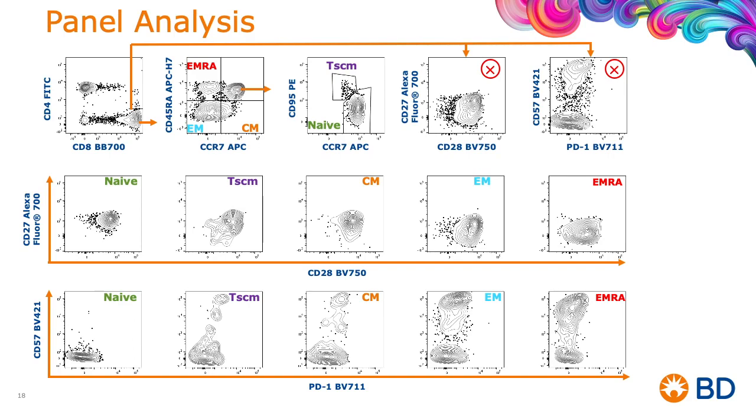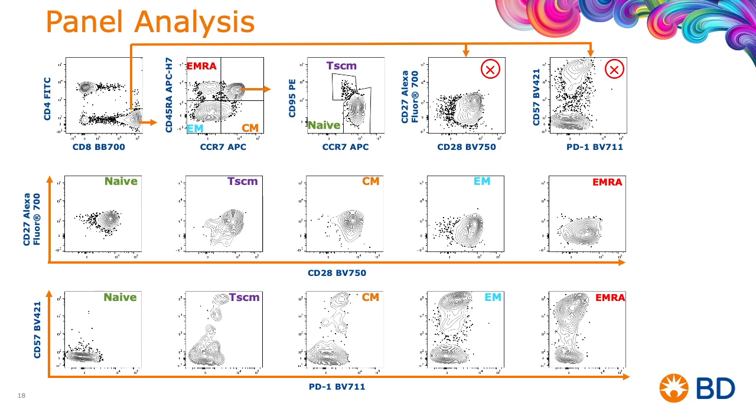And if you look at the row below, the second and the third row, that's when we go a level deeper. So now we're looking at CD27 and CD28 within each subset of differentiated T cells. And this is the beauty of flow cytometry, because it allows us to do this level of deep analysis. And again, you can appreciate that we have a fairly poor resolution of all of these markers.